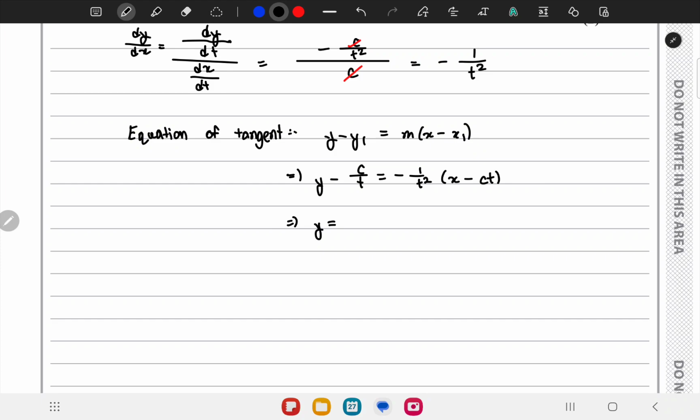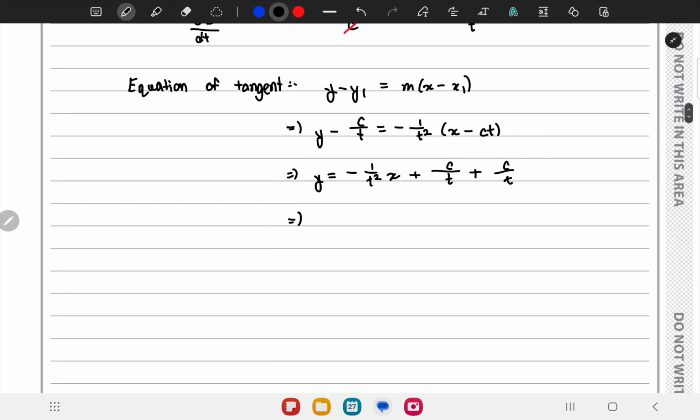Now y equals minus 1 by t square x plus c by t plus c by t from here. So y is minus 1 by t square x plus 2c by t.